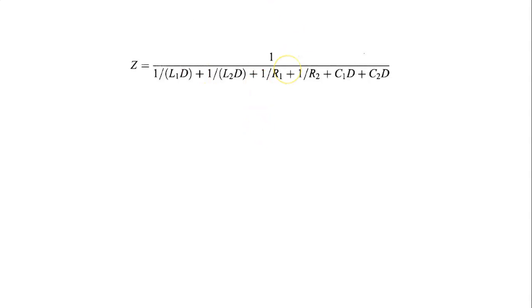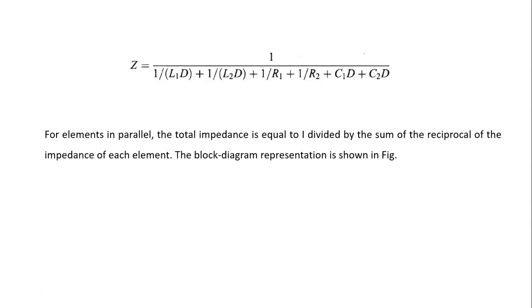Therefore, for parallel elements, we can say that the total impedance is equal to 1 divided by the sum of the reciprocal of impedance of each element.